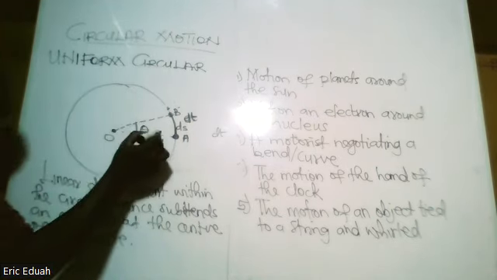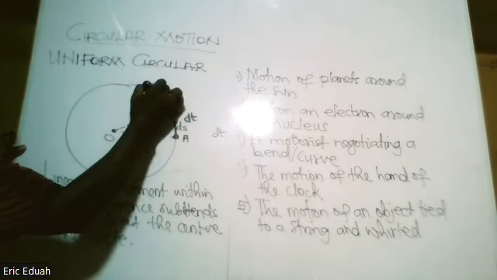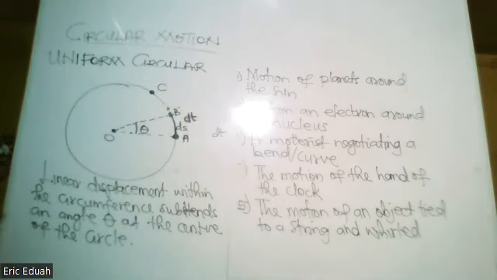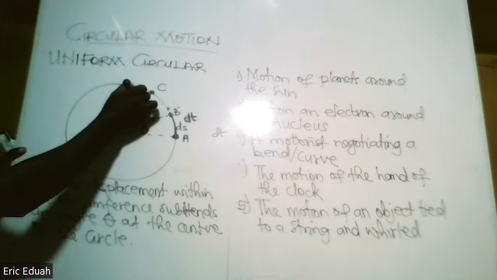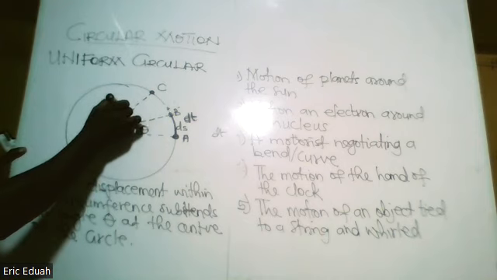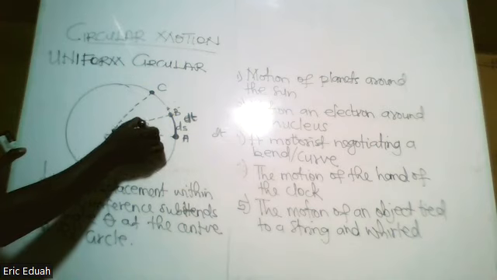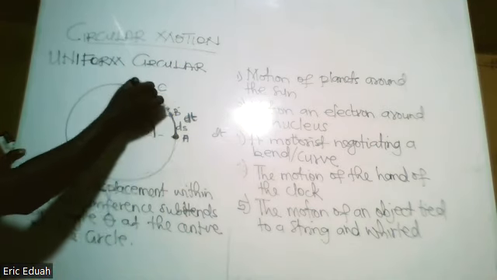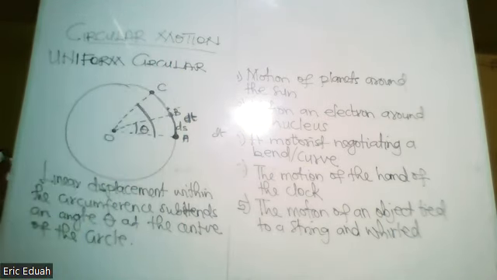Okay, when the body moves from A to a new position C, we can trace the new position of the body to the center of the circle. And when we trace that, this is it. And this is the whole angle connecting the new position of the body. The greater the displacement, the greater is the angle subtended at the center.